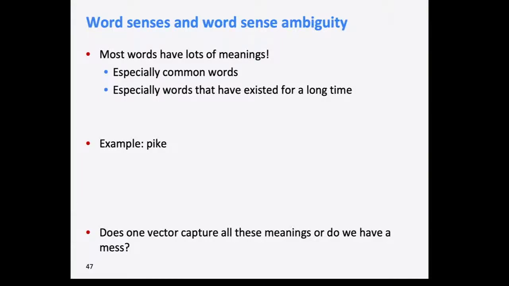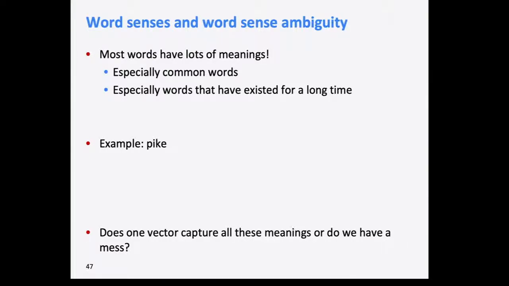That's especially true of common words, and of words that have existed for a long time. It's not true of new, very technical words. Carcinoma, I think, only has one meaning. But if you think of any relatively common word and start scratching your head for a moment, you'll find it has lots of meanings.